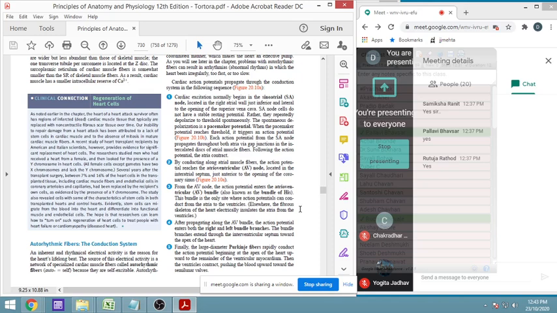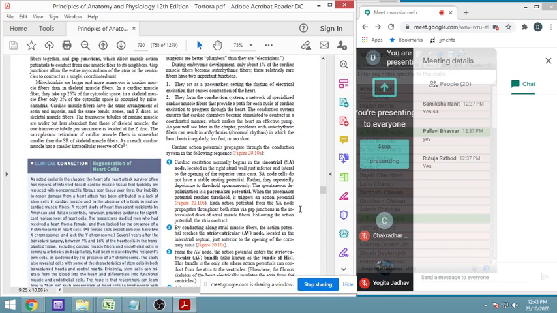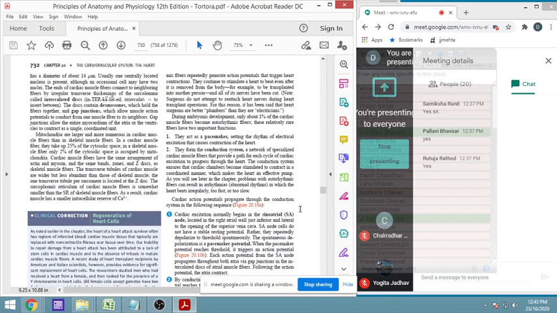So there are various triggers, or something responsible for the rhythm of impulse conduction. However, here these are autorhythmic cells, and they are self excitable. They do this on their own. This is very important, and because of that they are called pacemaker cells.